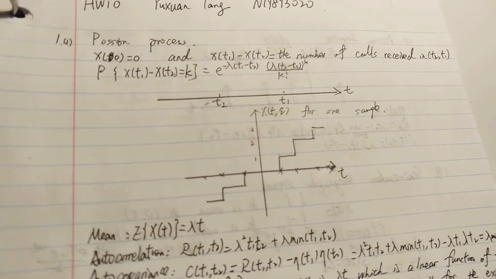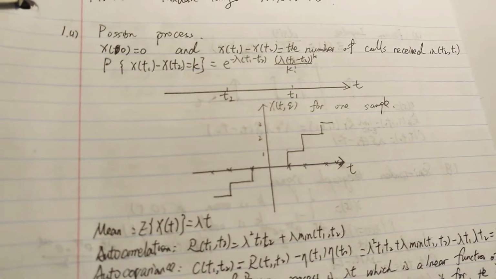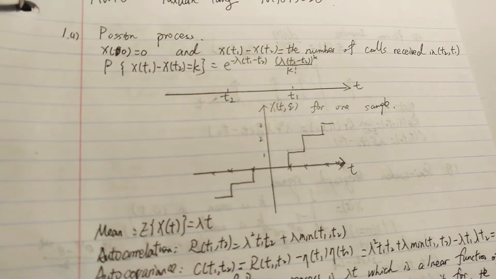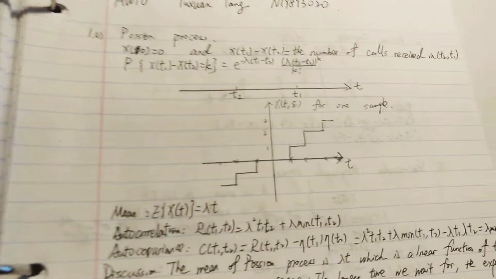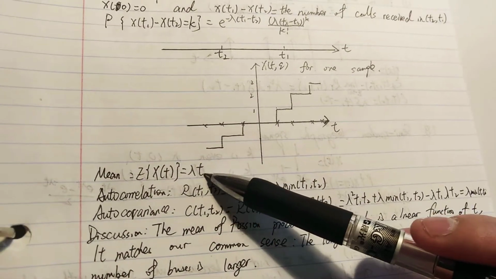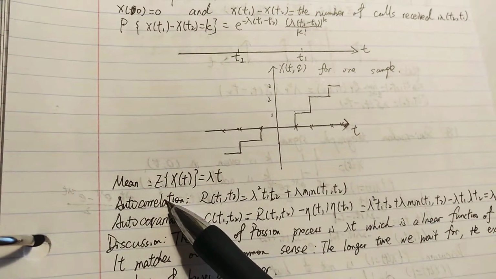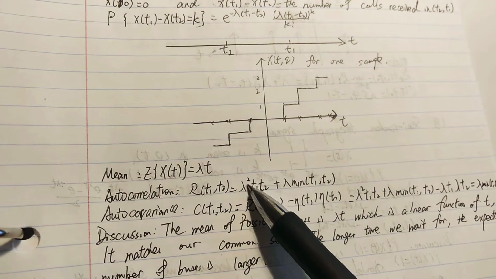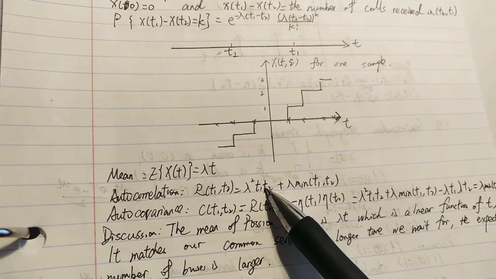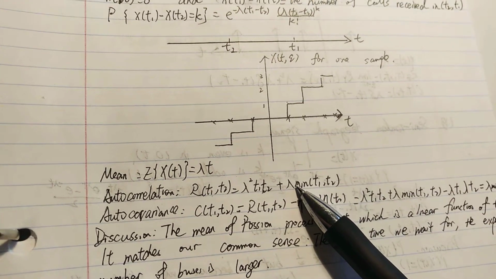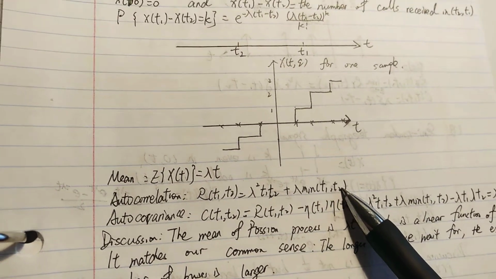And the probability of Xt1 minus Xt2 equals k is given by this equation. And this is the graph. Its mean is lambda t, and the autocorrelation equals lambda to the power of 2 times t1 t2 plus lambda times the minimum of t1, t2.